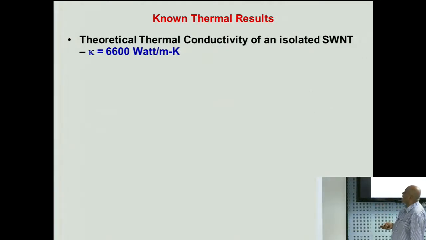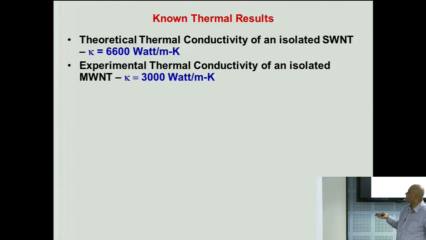This is another important property of carbon nanotubes which is being used, the thermal property. The thermal conductivity of carbon nanotubes is 600 watts along the axis. This is a theoretical prediction; experimentally you have been able to measure it.